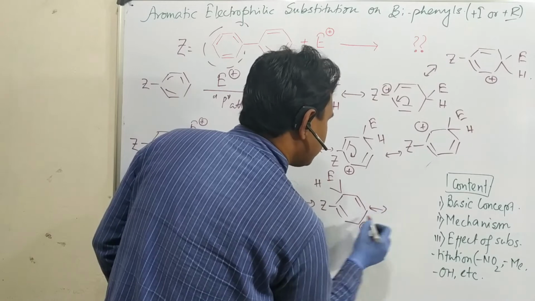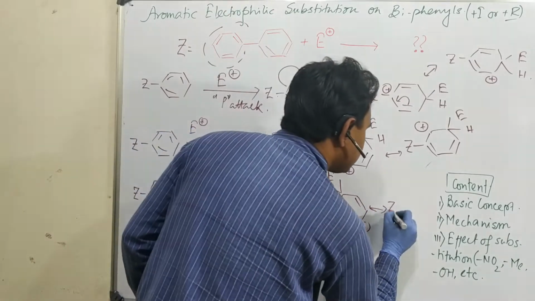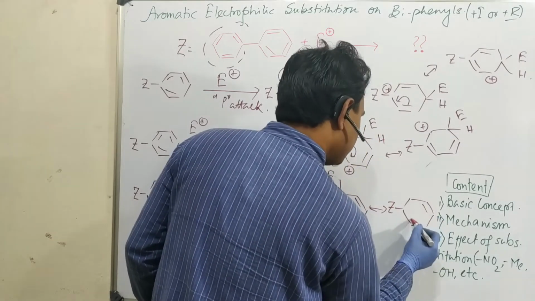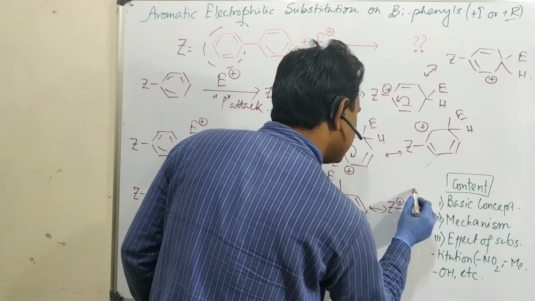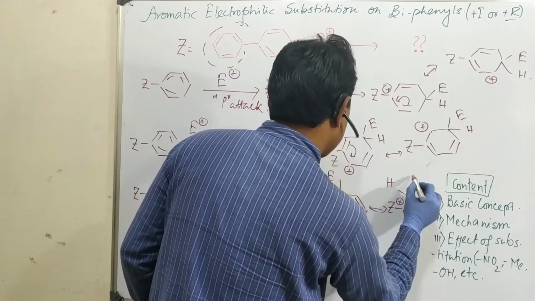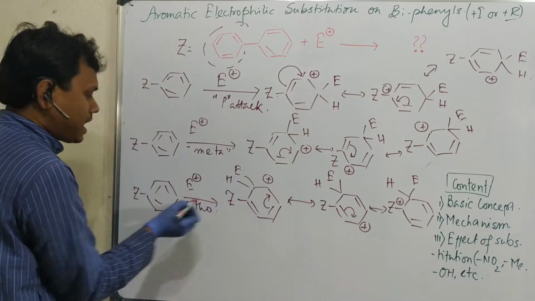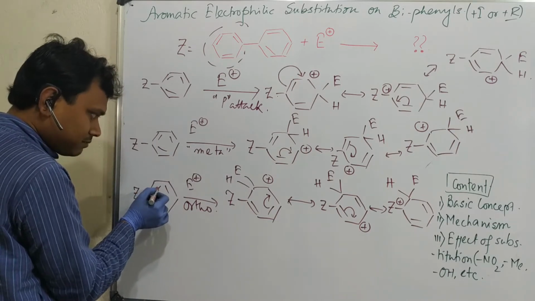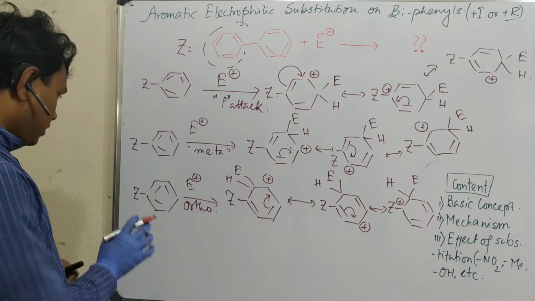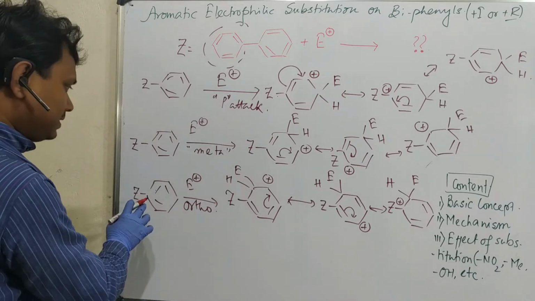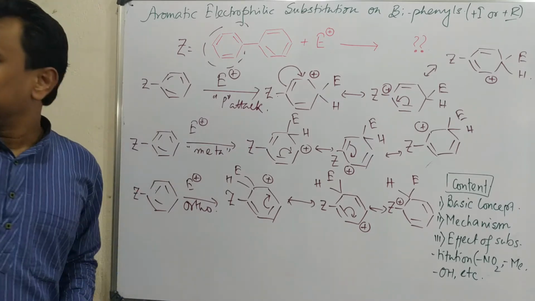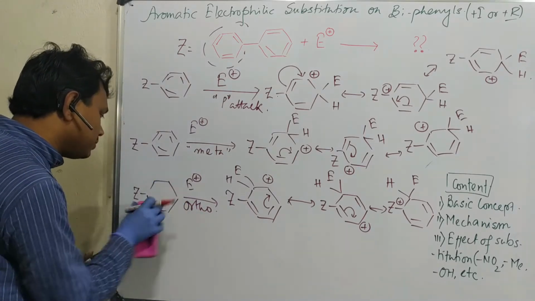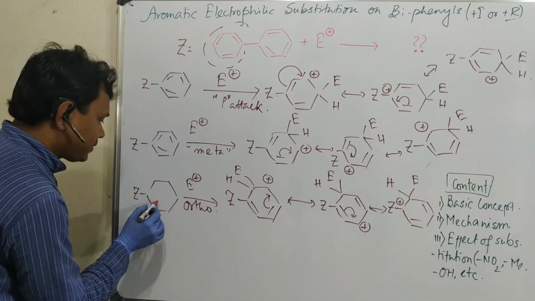This is another canonical form. Now it will come here, so Z, this is the double bond, the plus charge is here, H and E. Now see, previously if I have taken this arrow from this side, sorry, I believe this is a little confusing. So let's change. I have drawn this, but you may feel a little confused. Why?